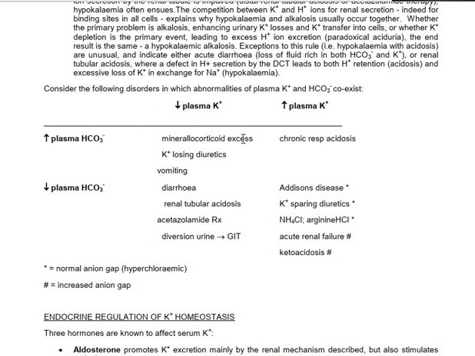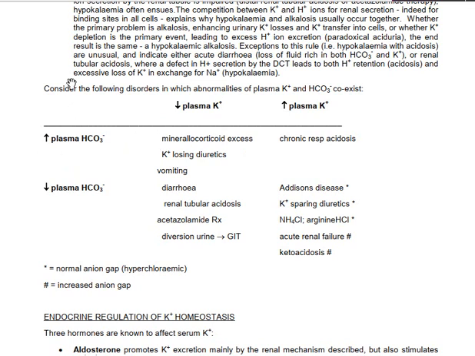If you have mineralocorticoid excess, it is going to cause a decrease in potassium ion, and it's also going to cause an increase in hydrogen carbonate. Mineralocorticoid excess, for example aldosterone. We already know that aldosterone is going to cause the release of potassium ion, and also indirectly the release of hydrogen ion. Is it clear?